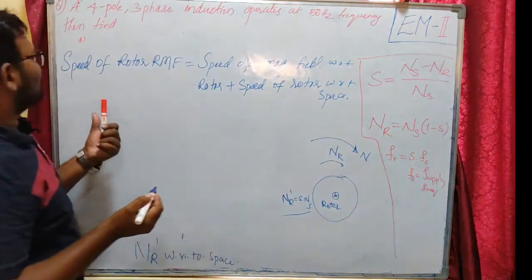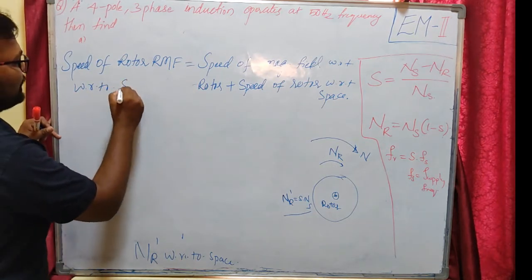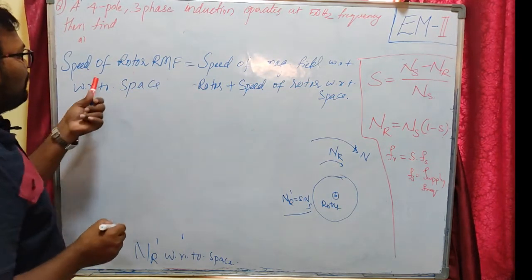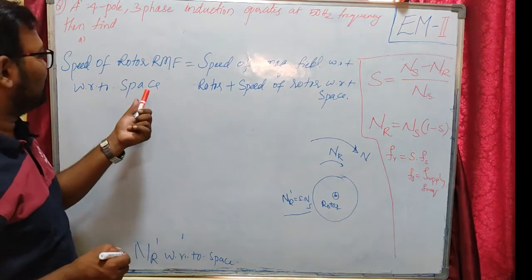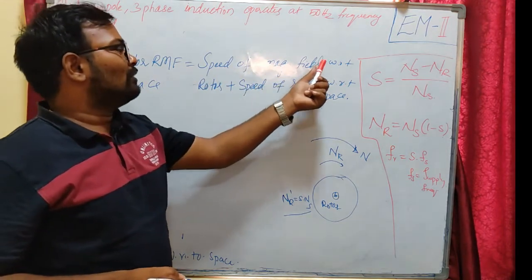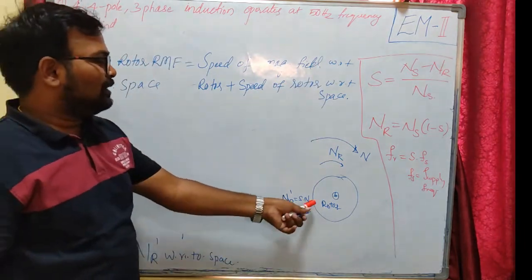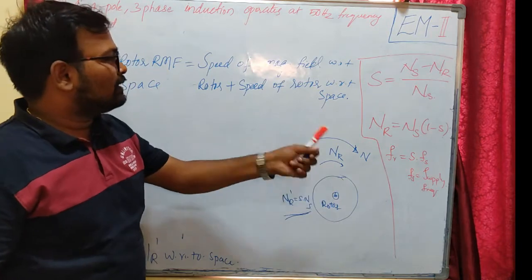I am finding the speed of rotor magnetic field with respect to space here. So, the speed of rotor rotating magnetic field with respect to space is equal to the speed of rotor rotating magnetic field with respect to rotor, that is this speed, plus the speed of rotor with respect to space, that is Nr.